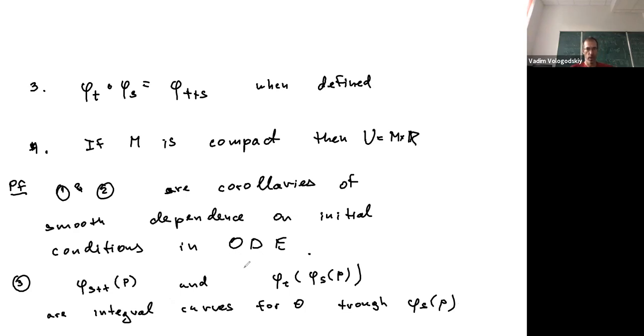So that means that they coincide, because we have uniqueness of integral curves passing through a given point. Yes, if two integral curves intersect one another, then they actually coincide, and this is what happens here.